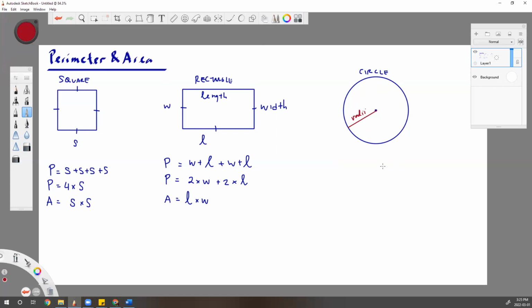Wait, your book says it is radius. Okay, so it is radius. And from one edge to the other edge, one perimeter to the other perimeter, passing through the center, it is called a diameter.